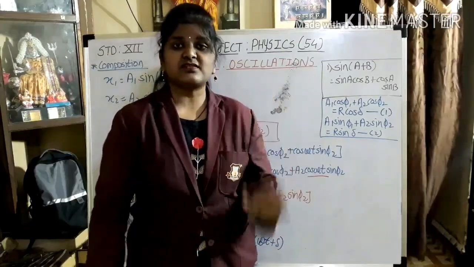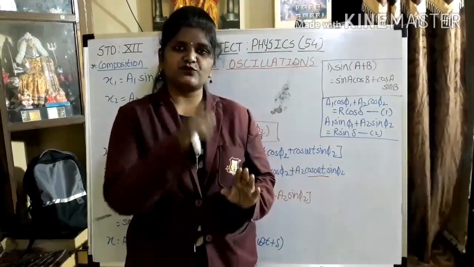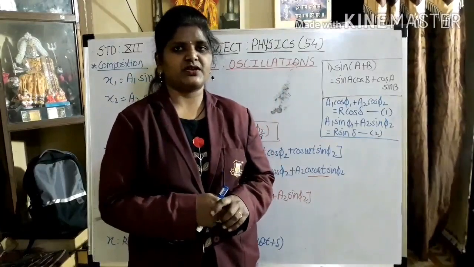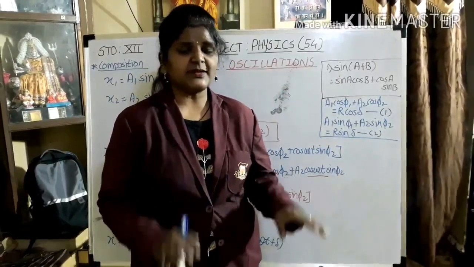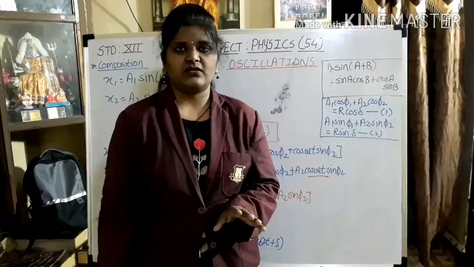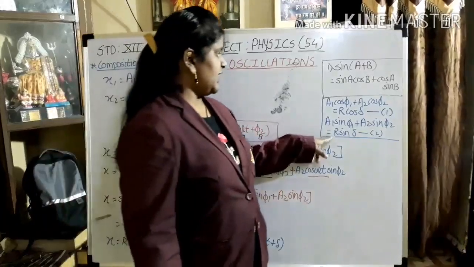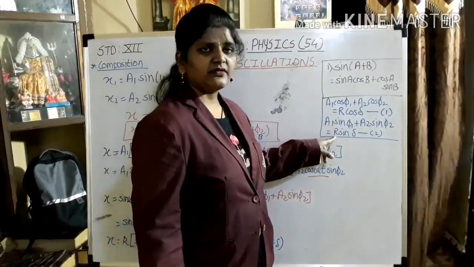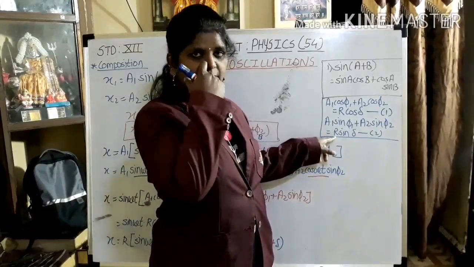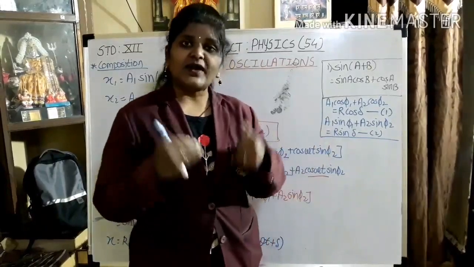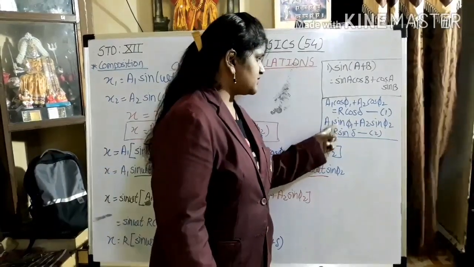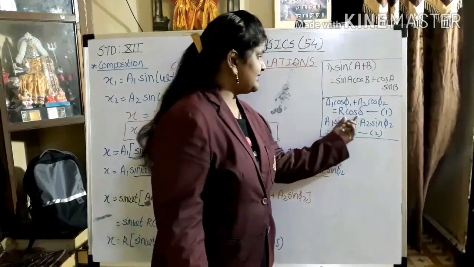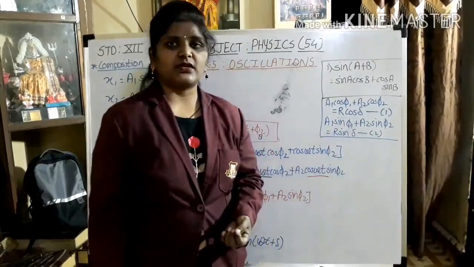So you have got the resultant displacement, which is r sin omega t plus delta. This is the resultant displacement, which is x, not the resultant amplitude, because we are going to say amplitude as this r. R is nothing but the resultant amplitude, and we do not know r, and delta we have to find out.